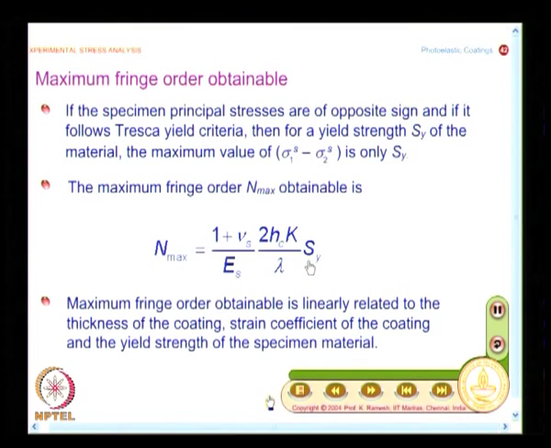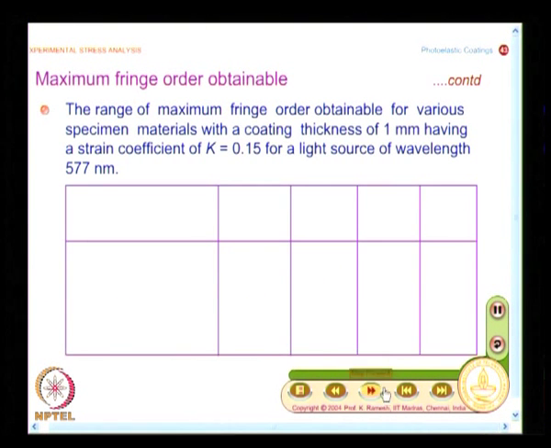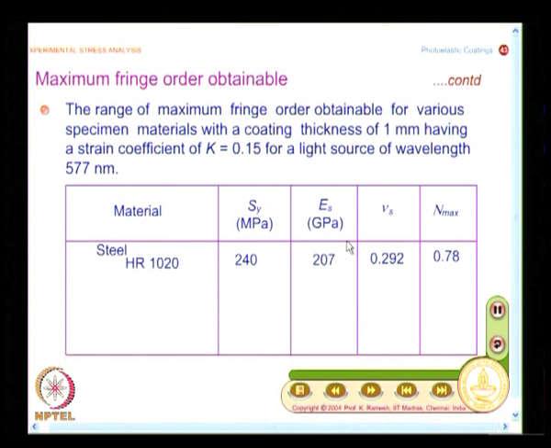So, I have this expression: n max equal to (1 plus nu s) divided by E s, into 2 h c into k, that is the strain coefficient of the coating material, and you have the wavelength dependence, and Sy is the yield strength of the specimen material. I also have a table which gives, for a variety of materials, the fringe order obtainable.